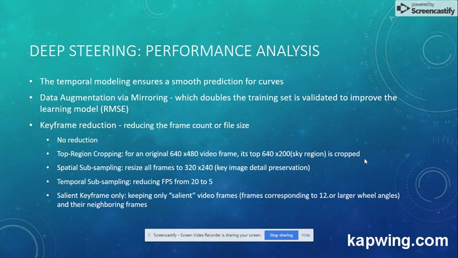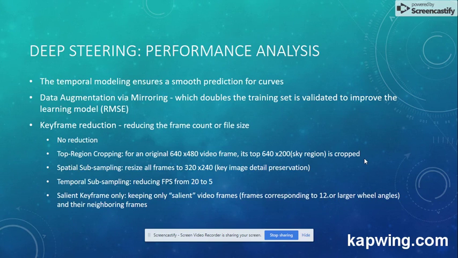Now, the performance analysis of this model says that the use of the spatial temporal convolution model ensures a smooth prediction for curves. Also, data augmentation via mirroring, which is used for doubling the training set, is validated to improve the learning module by decreasing the root mean square error.